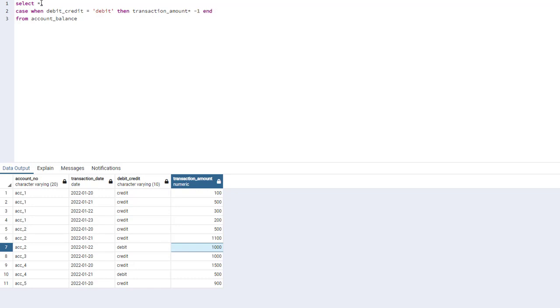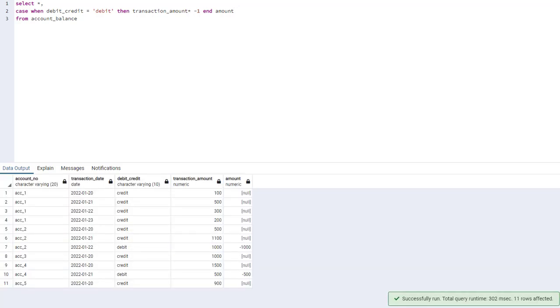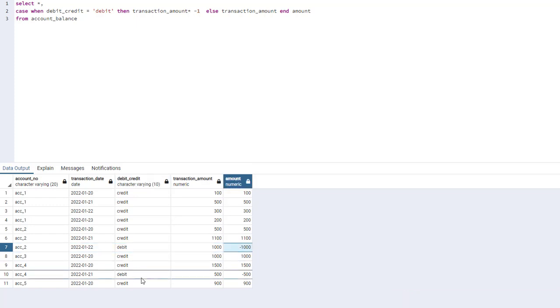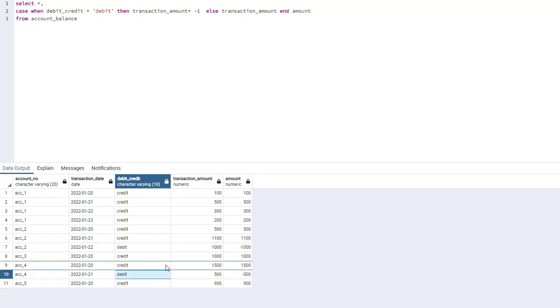And let's see what we have now. Oh, sorry, else. Yeah, and in case it is not equal to debit, I'm gonna keep the transaction amount as it is. Okay, now when we have debit, it's negative. Else it is positive. Fair enough.